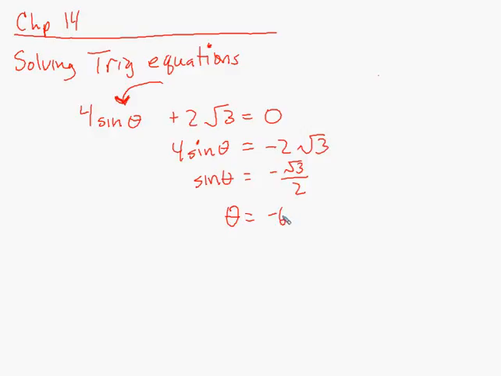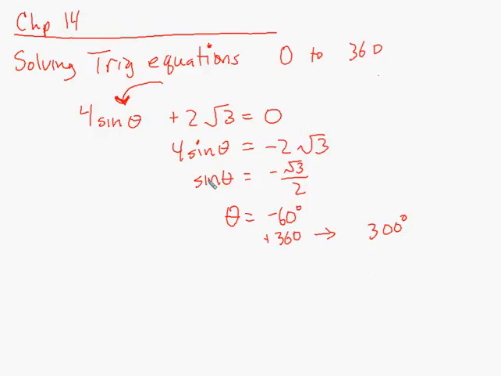Negative 60, he says. Okay, so negative 60 degrees. So we're going to adjust that to 0 to 360. So we're going to add 360 to adjust that into 300 degrees.